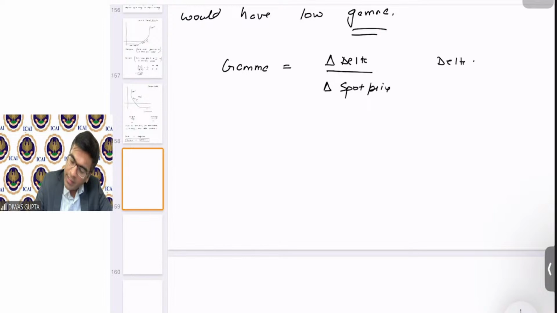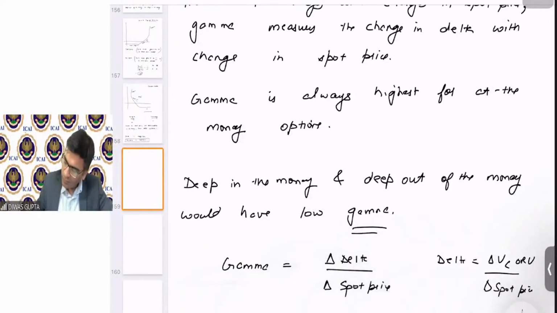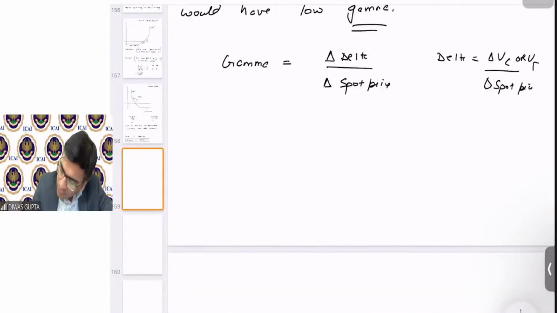And we knew that delta is equal to change in the call option divided by change in the spot price, or change in the put option divided by change in spot price. Okay, students, I hope this is clear.